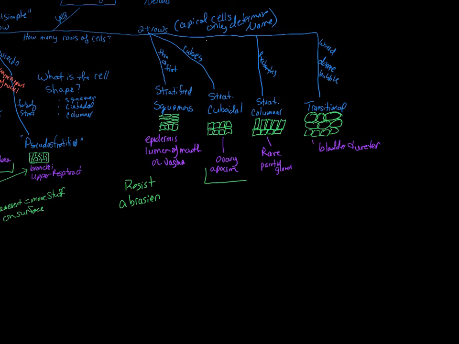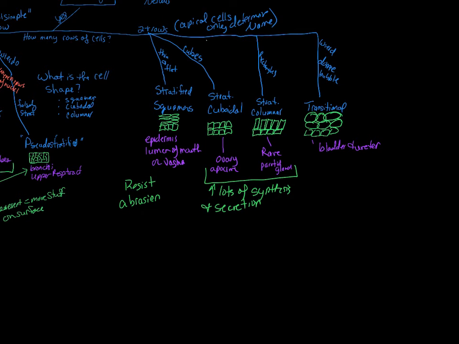Stratified cuboidal and columnar do the same things that their simple versions do. They do well, not so much absorption. We're going to erase that. But if you put absorption, I wouldn't really care that much. They basically do lots of synthesis of product and secretion.